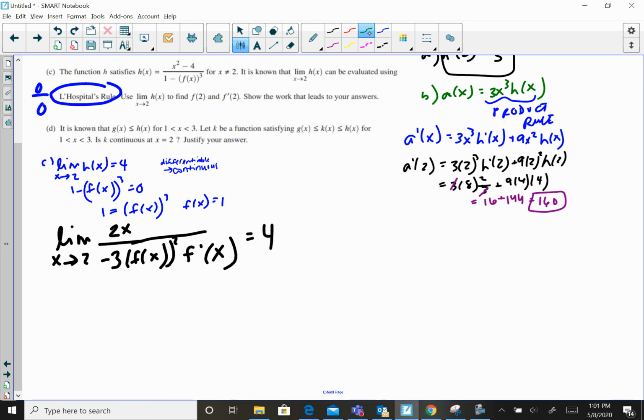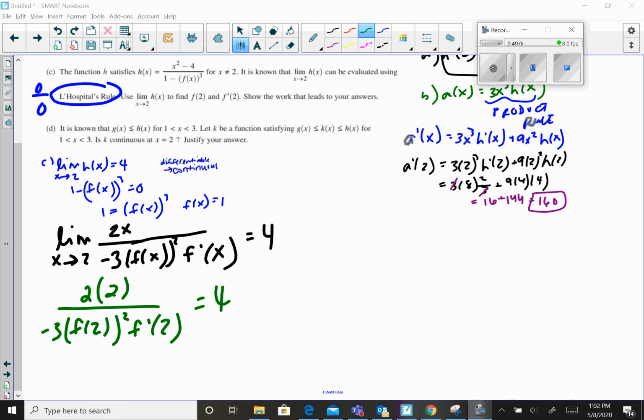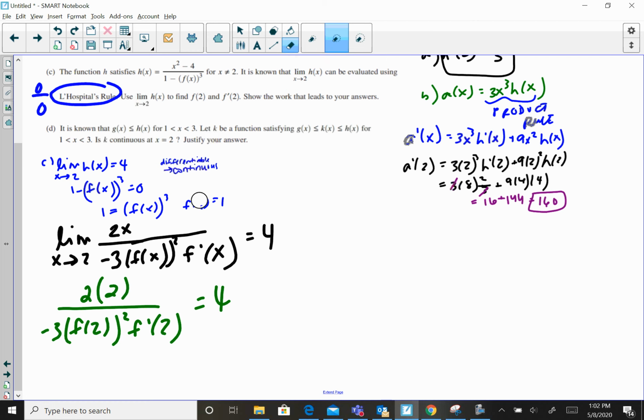Okay, so I've got 2 times 2 over negative 3 times f of 2 squared times f prime of 2 equals 4. Okay, so I can figure out a little bit more. This is actually f of 2.